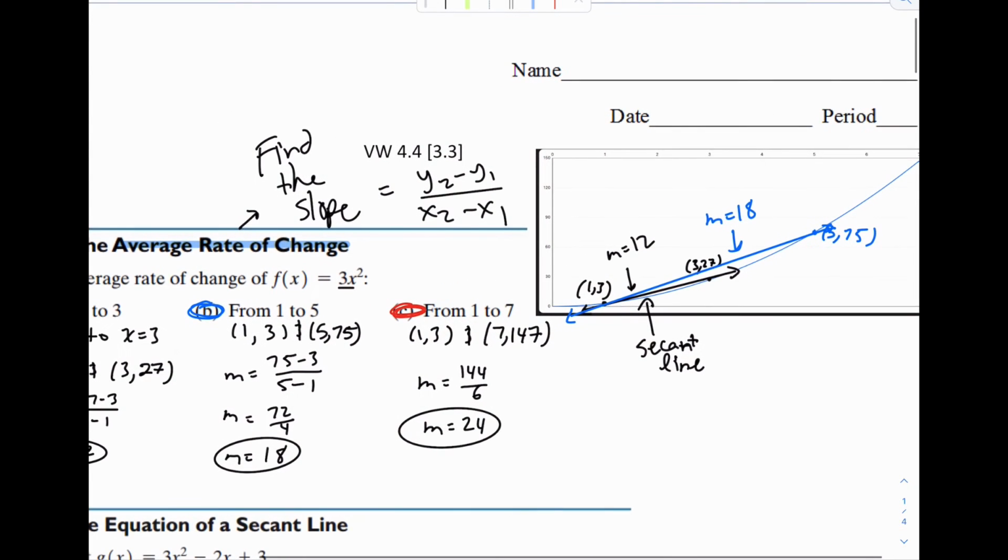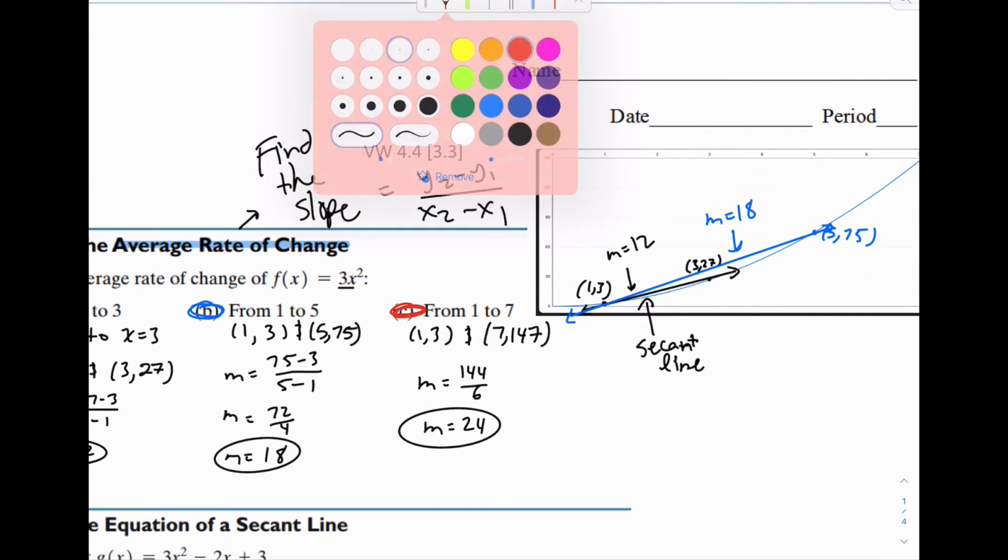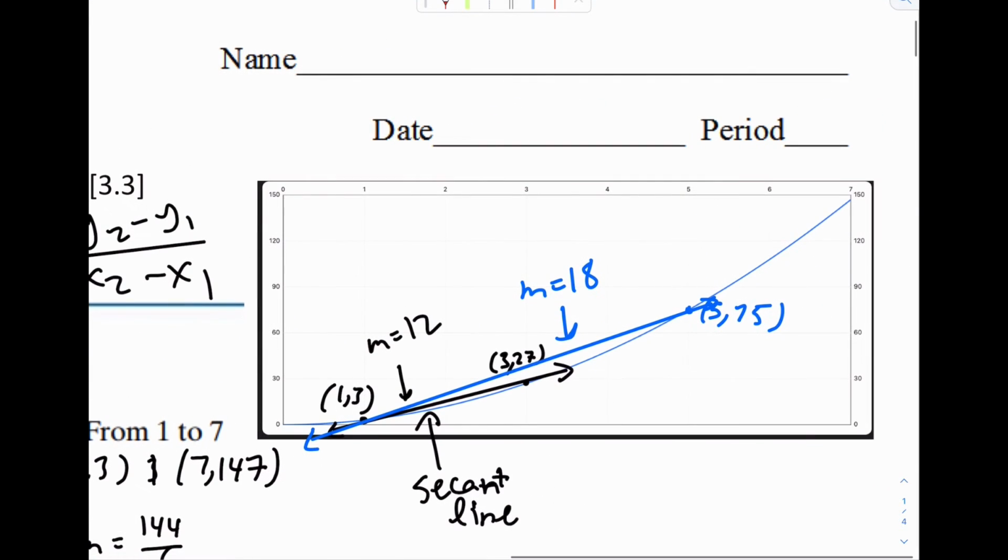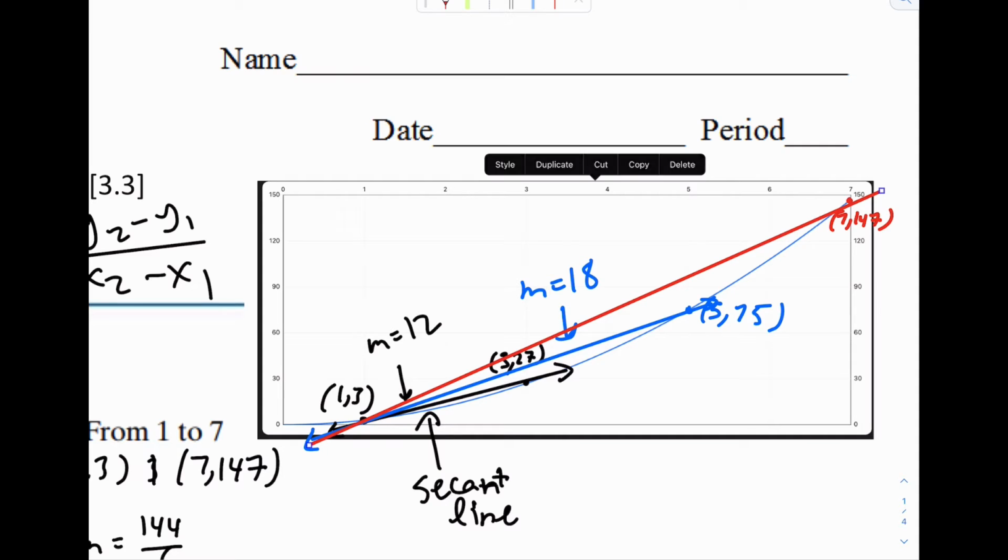And the last one, we'll do that in red. That was to 7, 147, so that's right here. So that's why I made it 150. If I connect this one to the 1, 3, something like that, that's good enough.